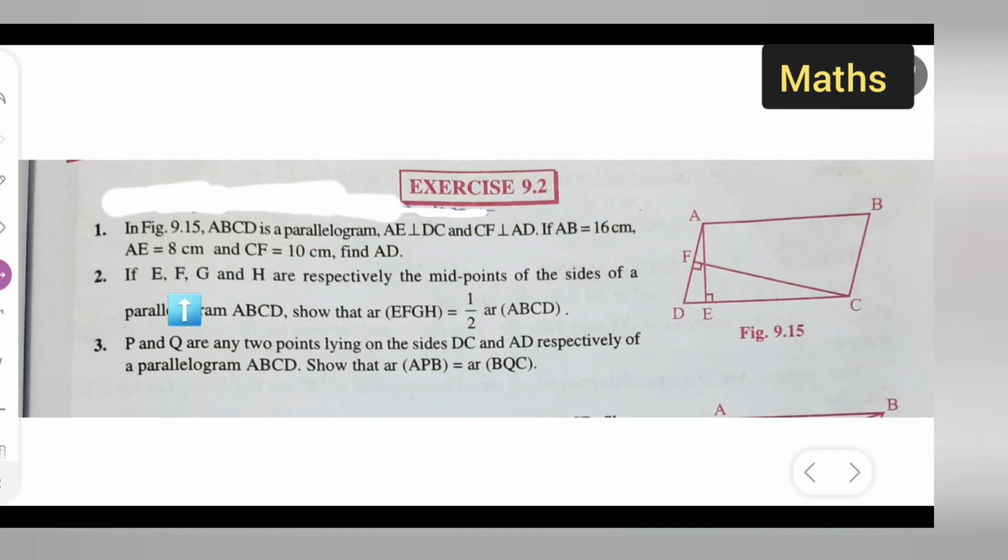If E, F, G, and H are respectively the midpoints of the sides of a parallelogram ABCD, show that the area of EFGH is equal to half of the area of ABCD.